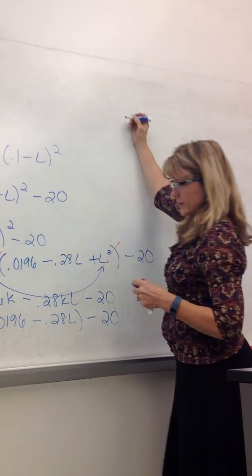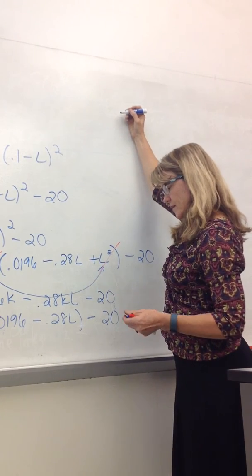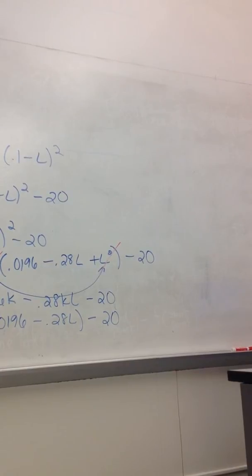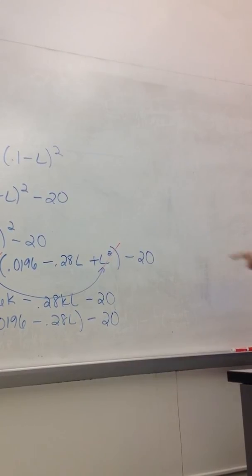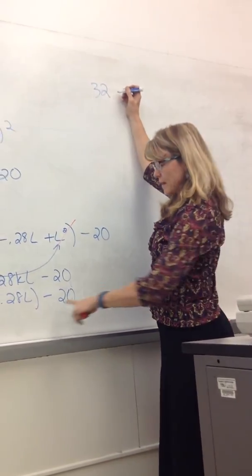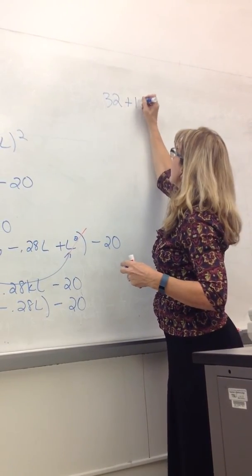And then, if I add 20, then we're gonna have 32. I added the 20 over to there to get the constant on one side.